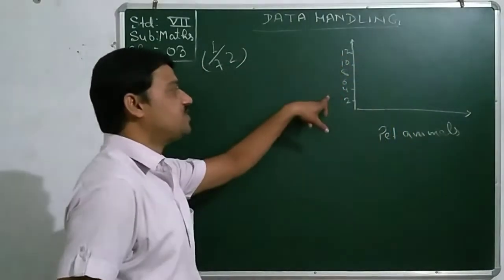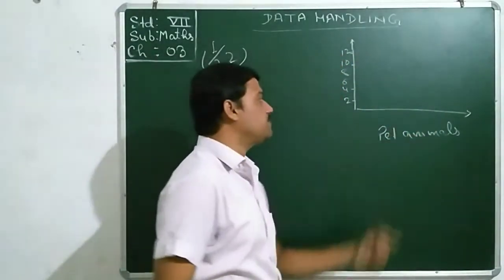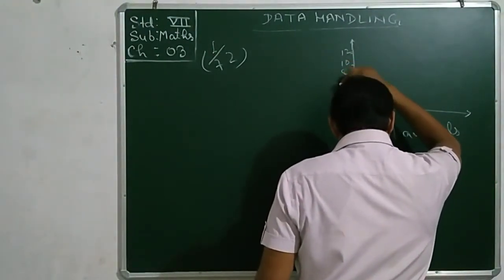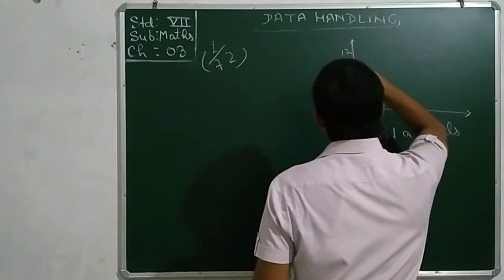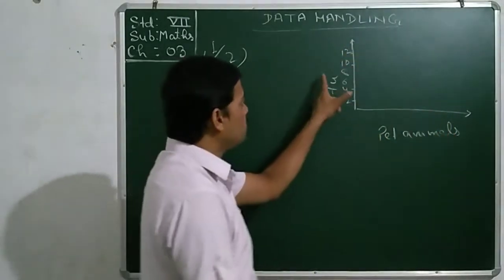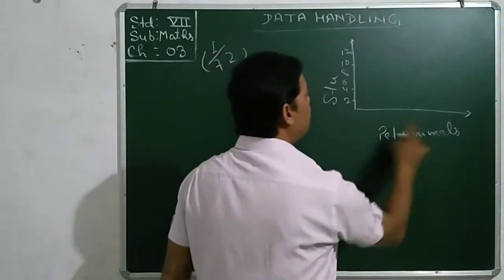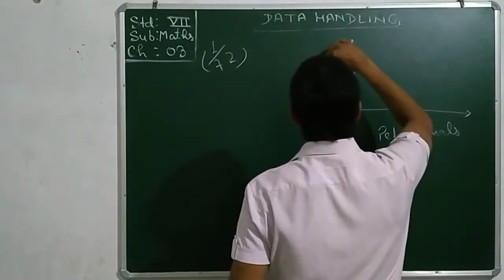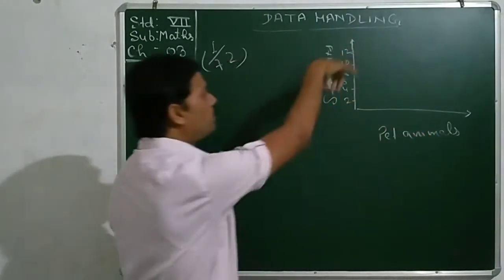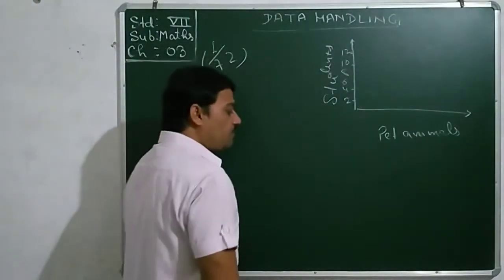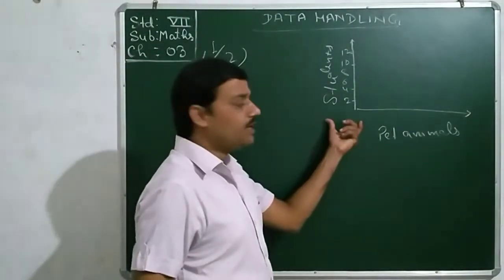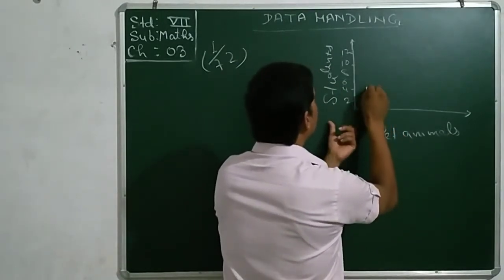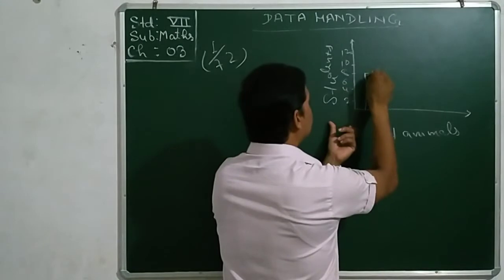Here the names of the pets are given. Not the number of pets, but the number of students is given here, and the names of the pet animals are given here. That means we need to write students here. If you go through the given graph, we realize that the bar of dog has gone up to 8.